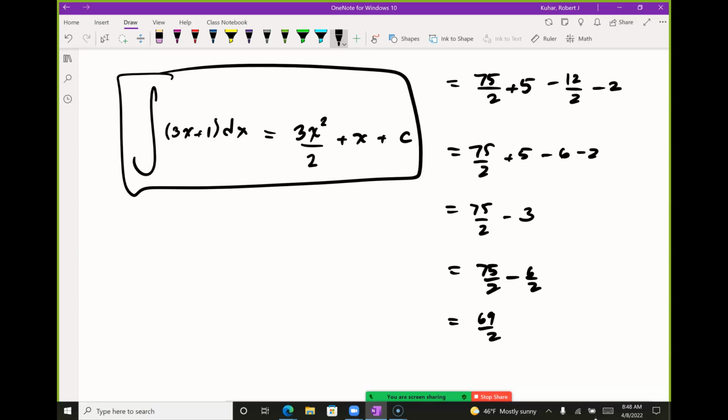I want to show you real quick how to verify this on your calculators. So 34.5 is what my calculator should give me.